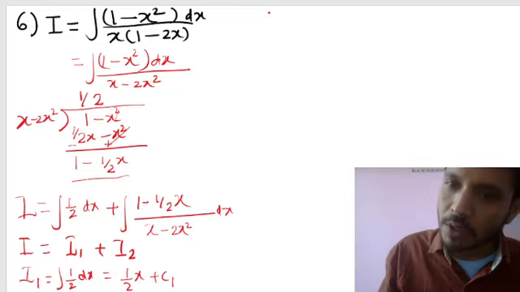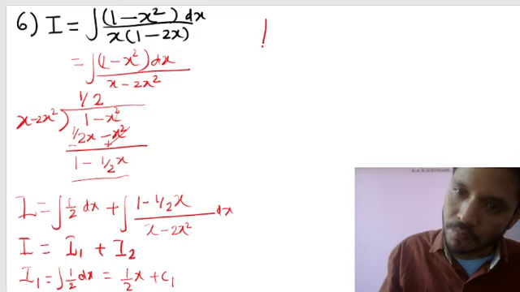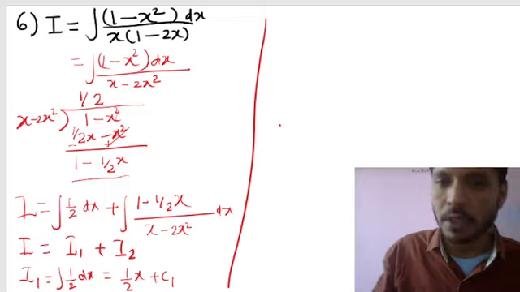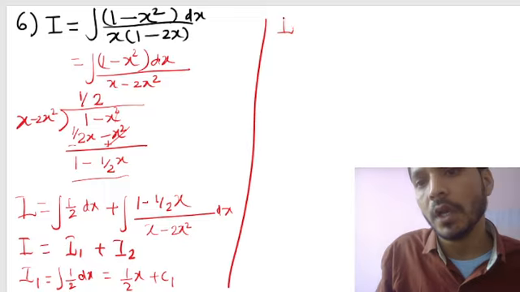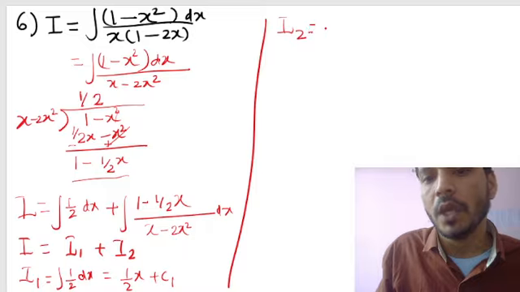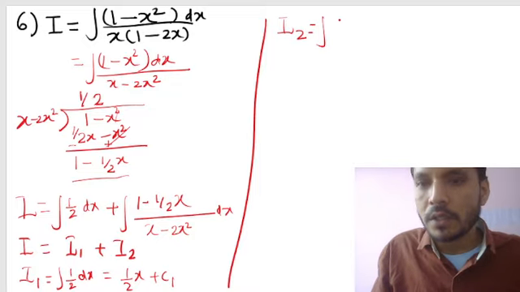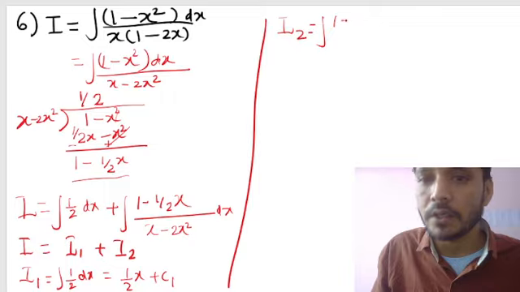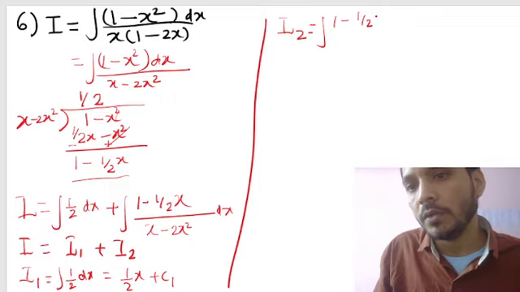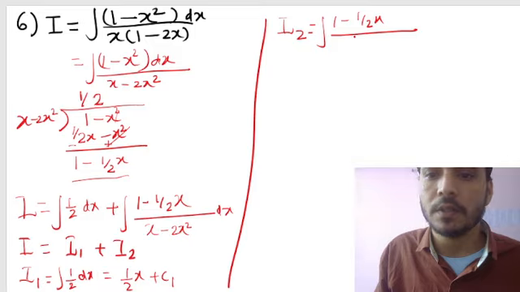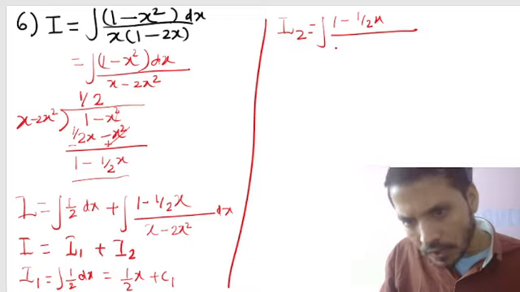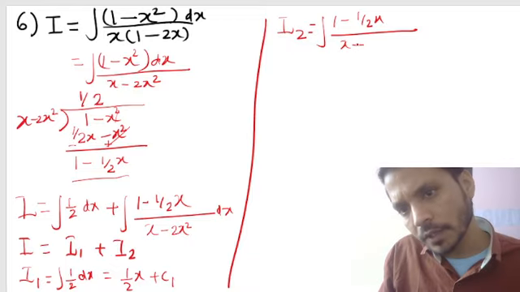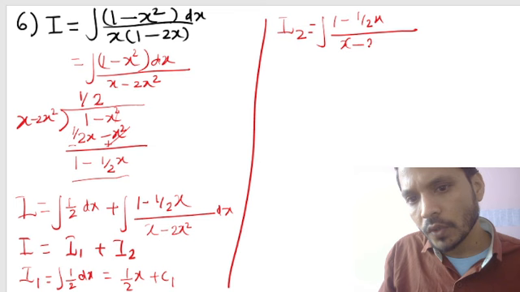Now the main thing is we have to solve I2. This will be a little lengthy. So I2 is equal to the integral of 1 by 2x divided by x minus 2x square.